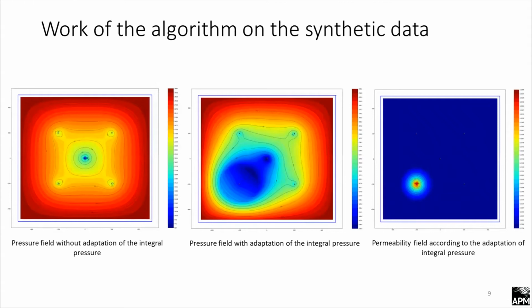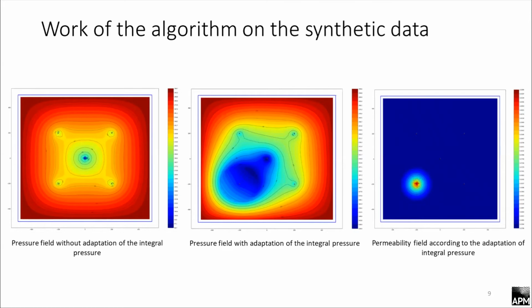Here we can see how it works. Actually, this is some synthetic data. On the first picture, we can see the pressure distribution for 5 wells in which the average pressure is not given.